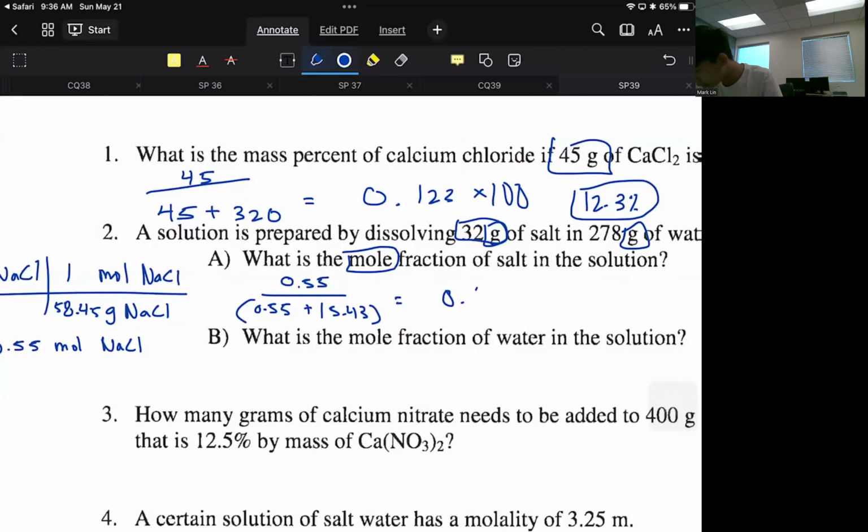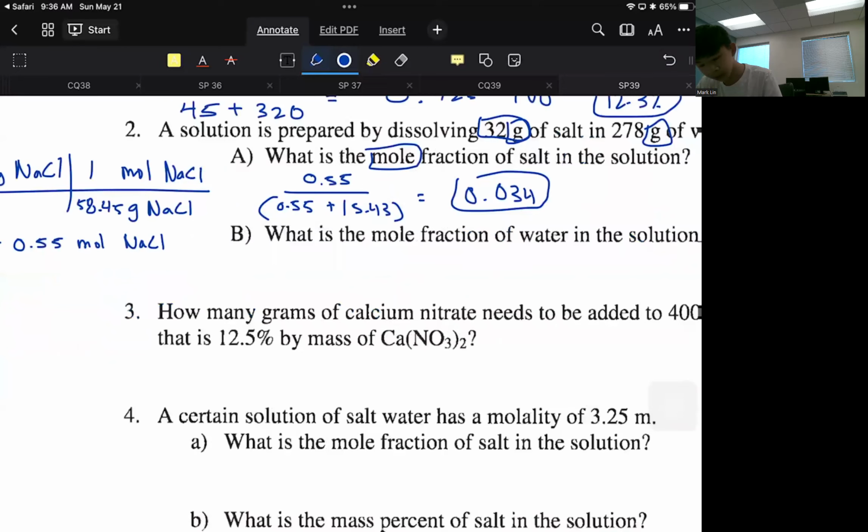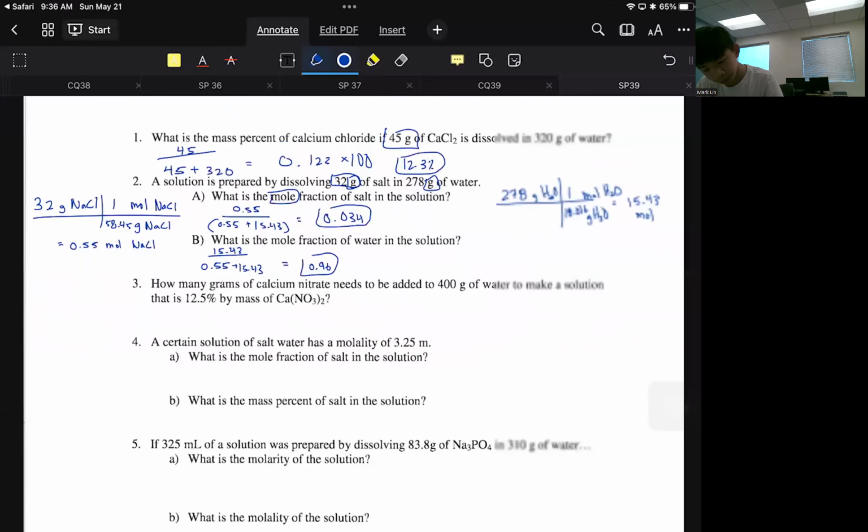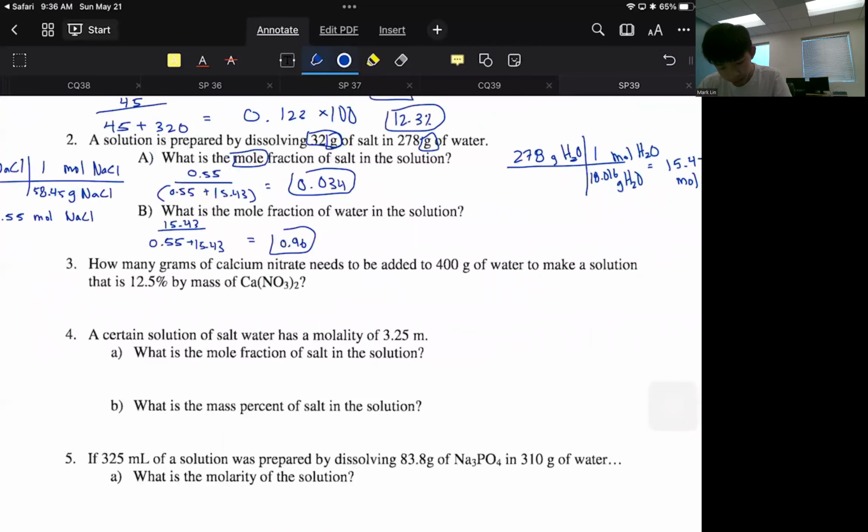It's going to give us 0.034. And then the mole fraction of water: 15.43, because we're focusing on the solvent this time, divided by 0.55 plus 15.43, which gives 0.96.